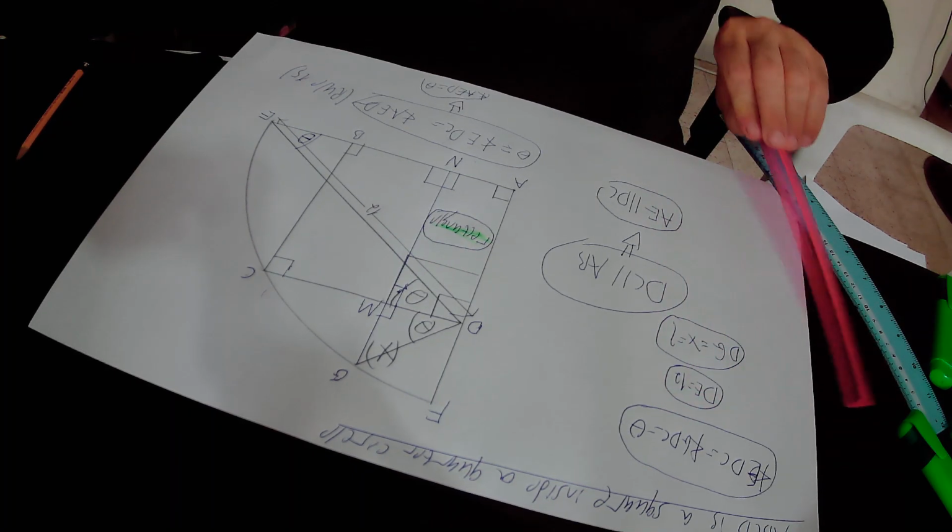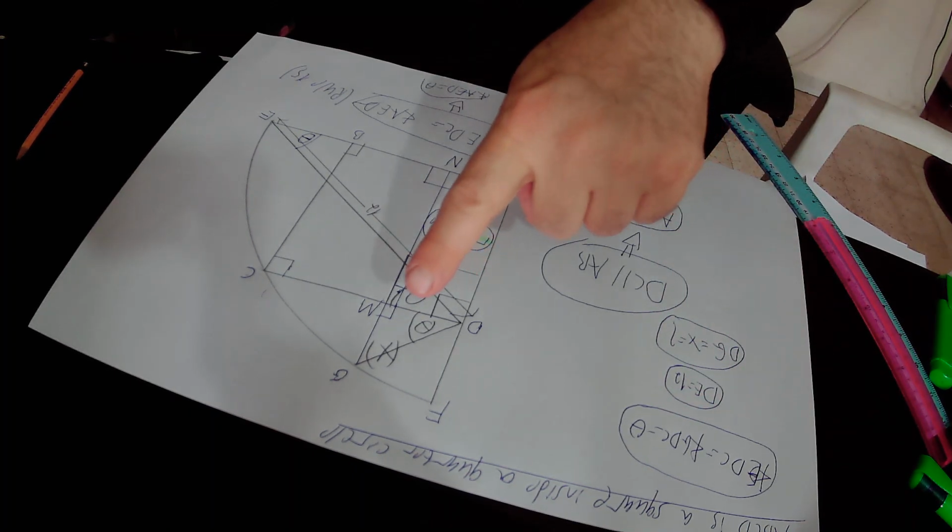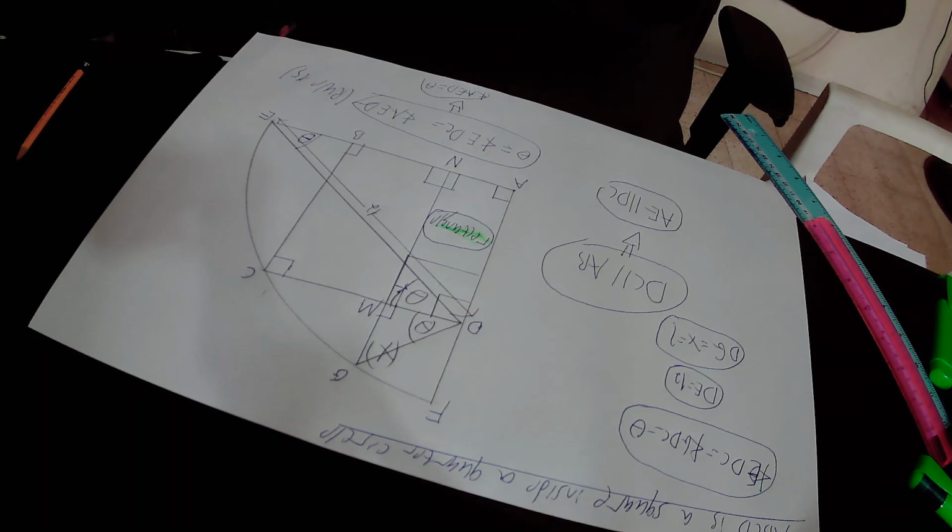In the next step, I will copy this right triangle GMD in a new page and we will analyze it.